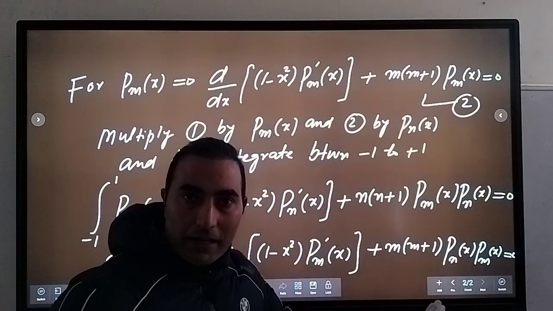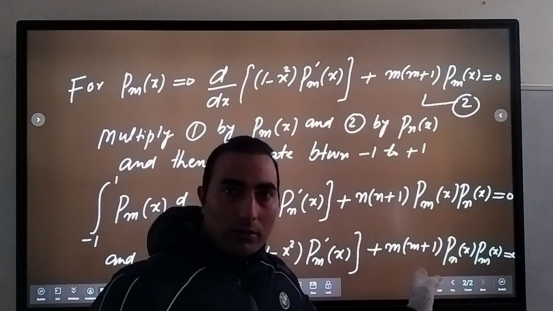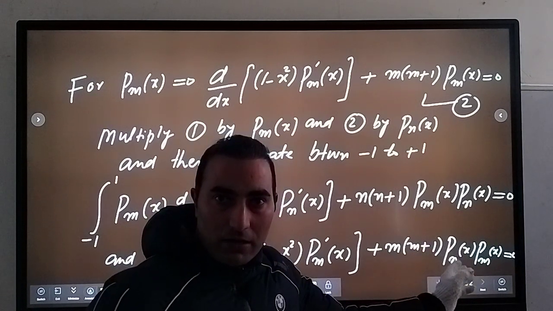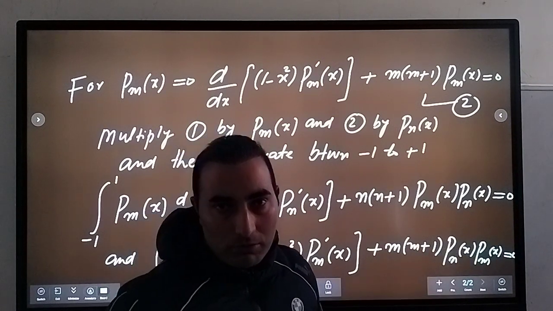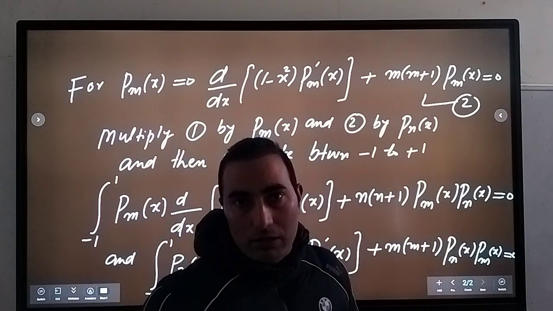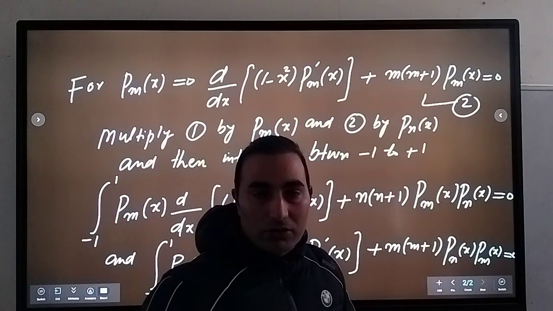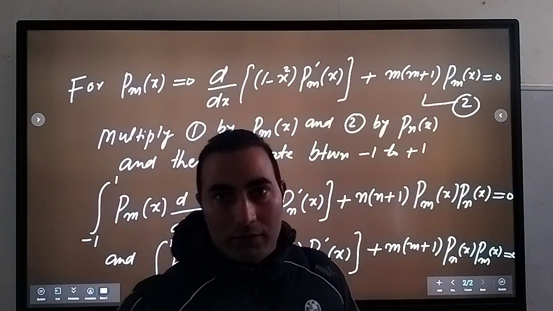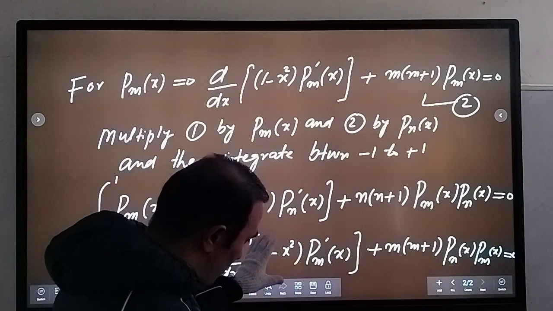After multiplying equation first by Pm of x and equation second by Pn of x, and then integrating both equations between limits from -1 to +1. As I already told you why we are choosing limit -1 to +1, because we can have a solution in between -1 to +1, right? So after that, let us first evaluate the first term, right?